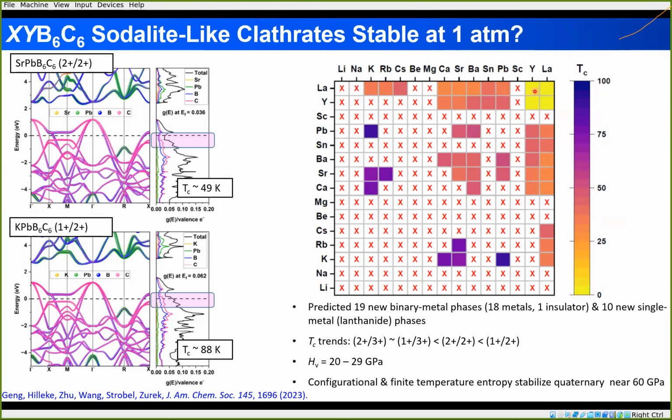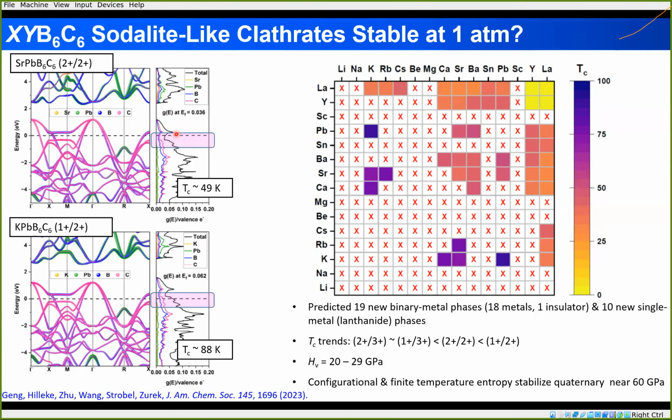And what we find is if you have a trivalent metal atom, then this is going to be an insulator or semiconductor. And the reason is the following. If the metal is trivalent, then the system becomes isoelectronic with diamond, and diamond has a gap. And so if you have a divalent or monovalent system, you're going to be hole doping it and moving the Fermi level down and getting some sort of a metallic system.